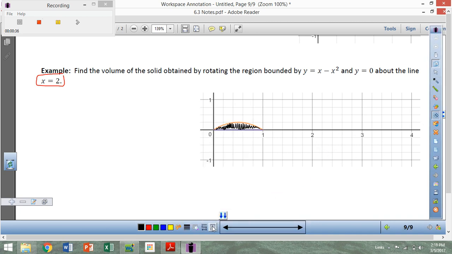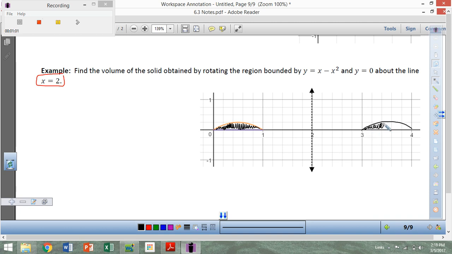So the first thing I'm going to do is draw in our axis of revolution here, which is x equals 2, and I'm going to duplicate this image where it would be symmetric about it, between 3 and 4, which looks something like that.